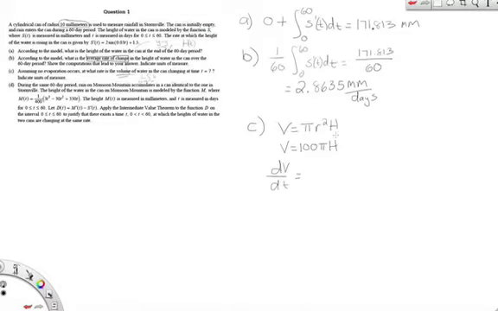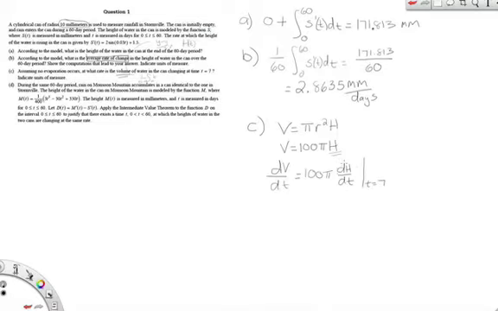When I do that, I only have one variable in my problem, h, but I'm taking the derivative with respect to time. So that means I'm going to get 100 pi dh dt. And I'm going to evaluate this now at time equals 7. So what do I need to know? That's 100, that's pi.